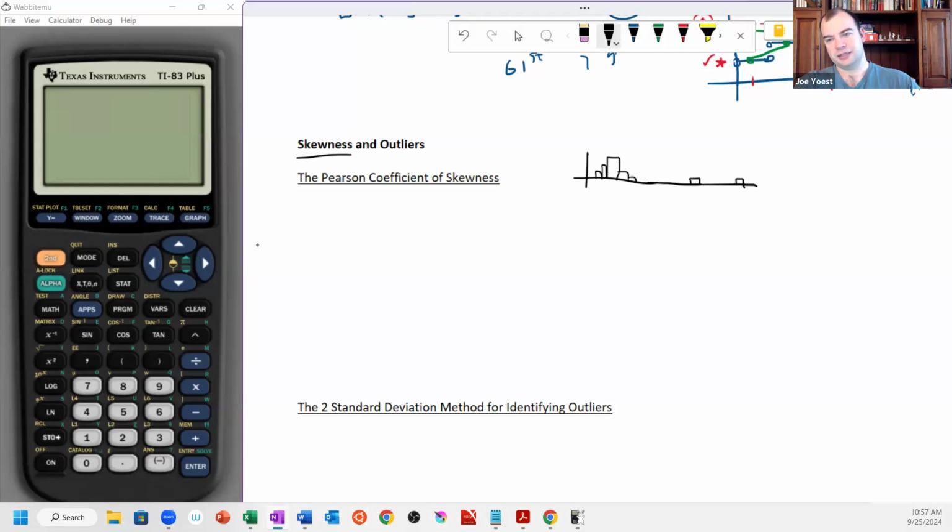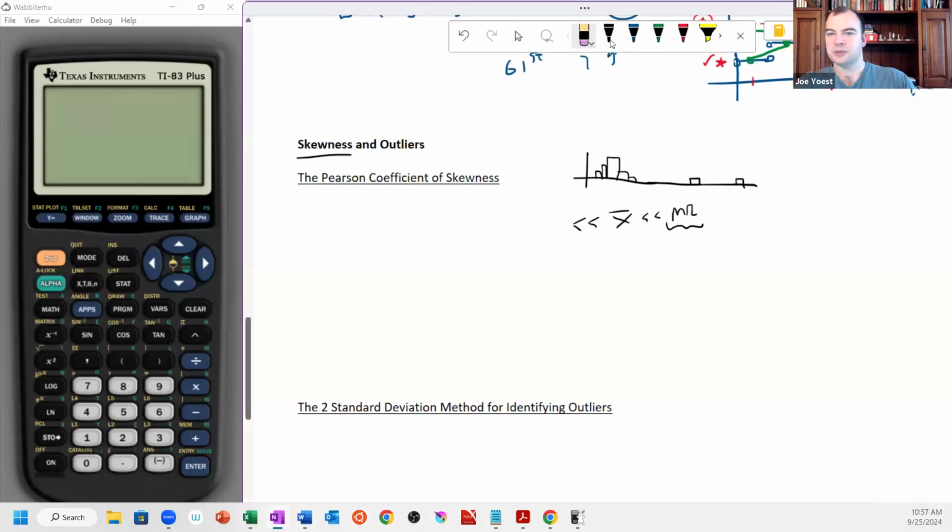For instance, if the mid-range was much bigger than the mean, which was much bigger than the median, which is the anchor. The mid-range only looks at the extreme values, so it's affected the most by outliers. If I have outliers to the right, that should pull the mid-range up really high. So if I see that the mid-range is much higher than the mean, and that the mean is much higher than the median, then maybe I say this is evidence of right skewedness.